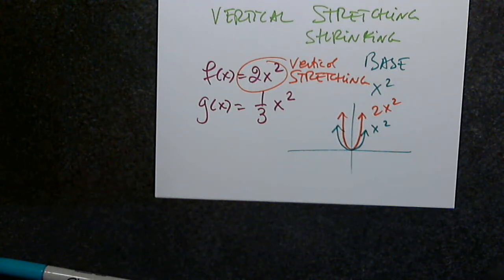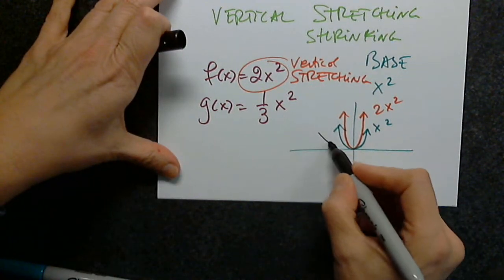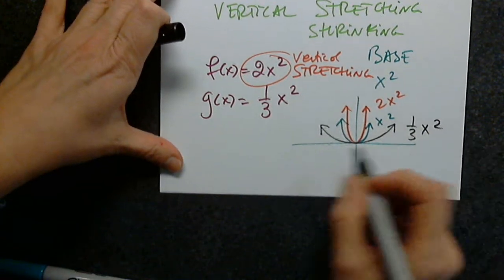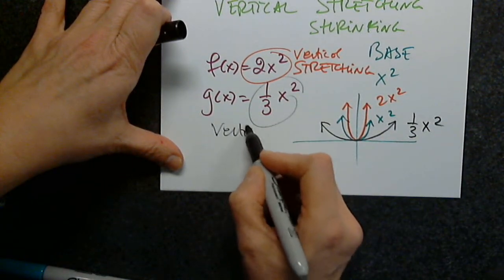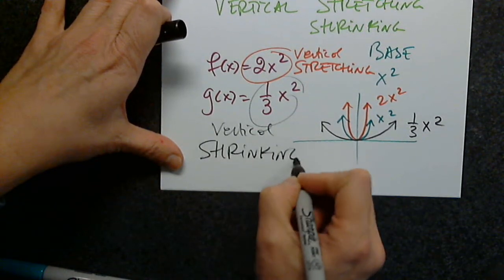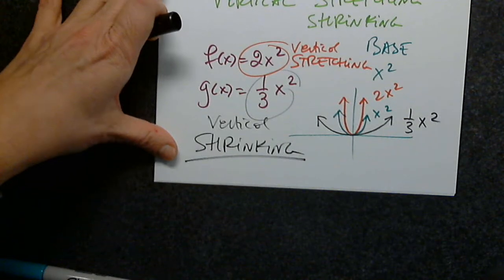So the first one was a vertical stretching of the graph. What do you think this one will be? A vertical? Yes, we are shrinking the graph vertically. So this will look like this: 1/3 x squared. And this is a vertical shrinking, of course, by a factor of 1/3.